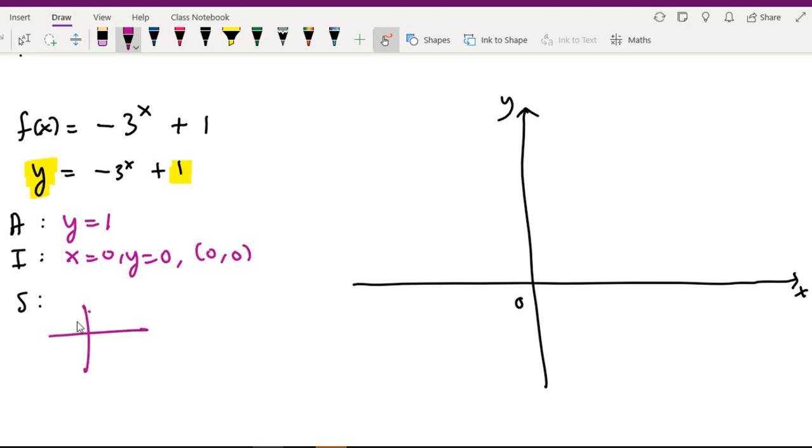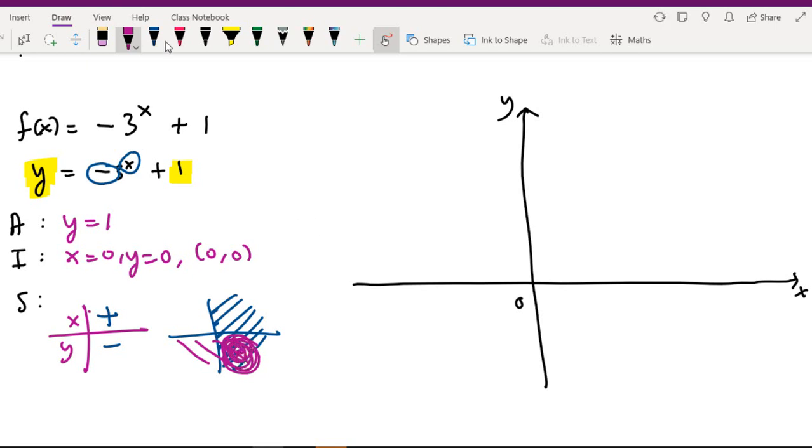To find the starting point, x, y: at x positive, y negative. This is the region for x positive, and for y negative, this is the region. So the starting point is in the fourth quadrant.